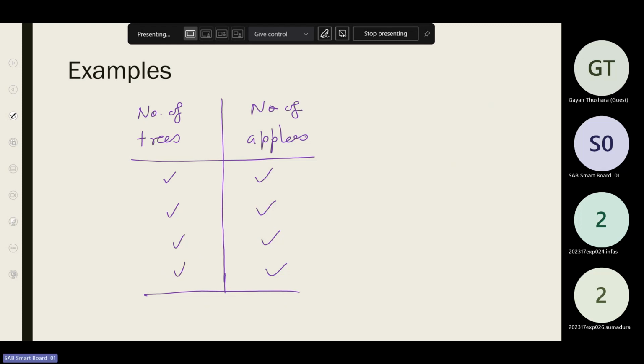So how do we identify which one is X and which one is Y? Number of trees, number of apples. So which one is X, which one is F? Number of trees is X. Okay.